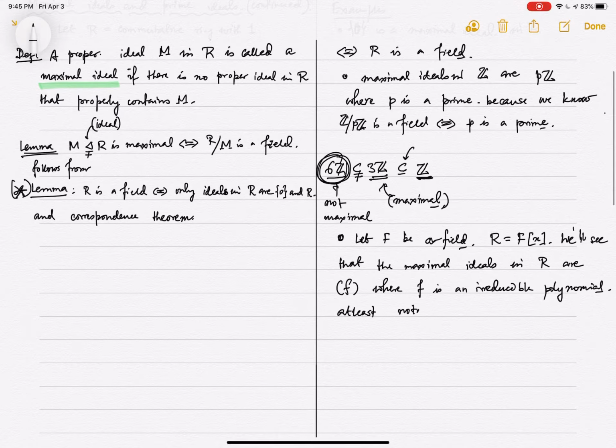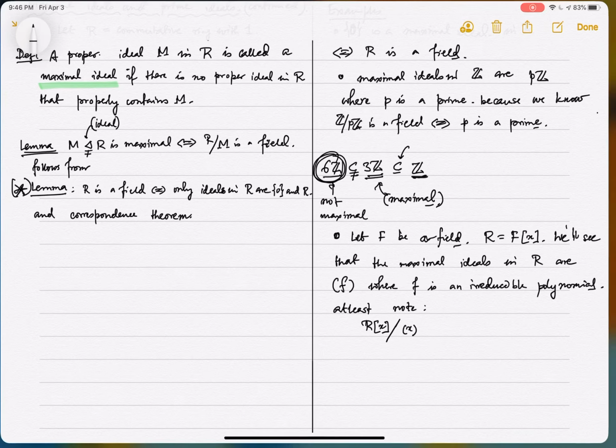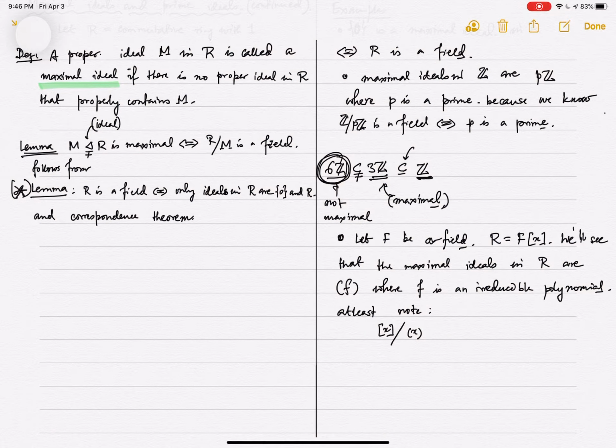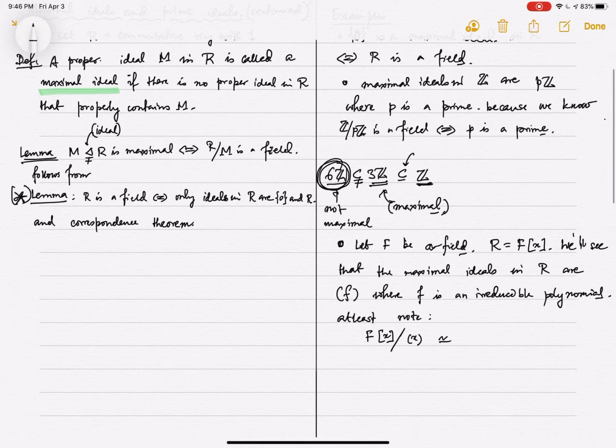note that if you take the one variable polynomial ring and quotient out by the ideal generated by x, sorry, my coefficients are in a field, then you just get F. And this is because we have a surjective ring homomorphism from F[x] to F called evaluation at 0.